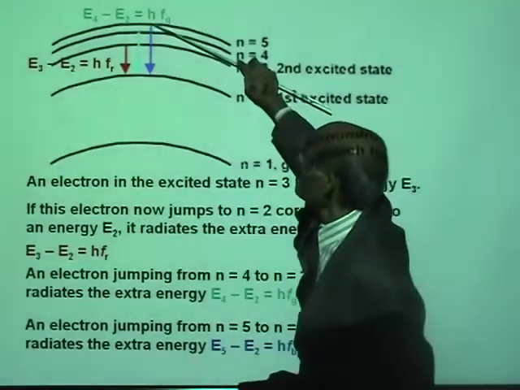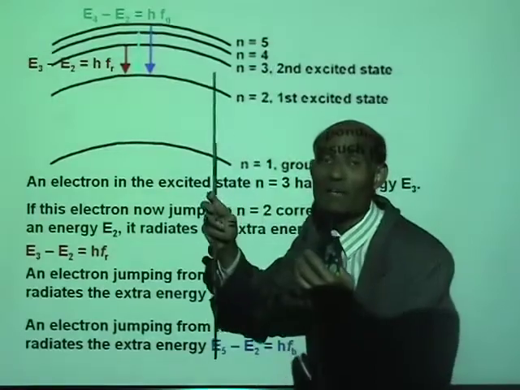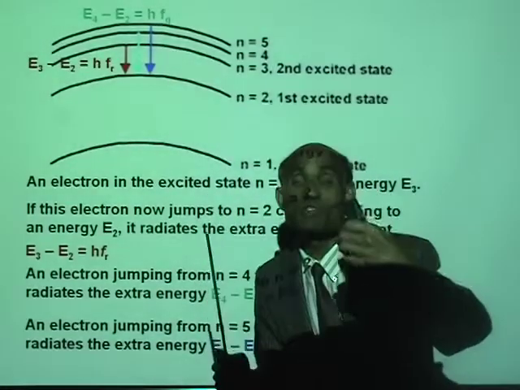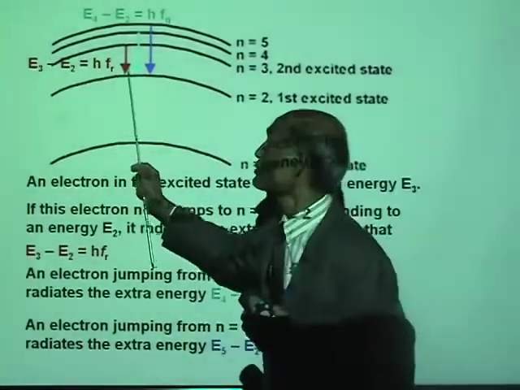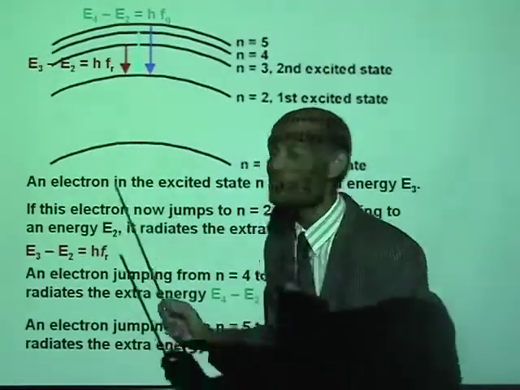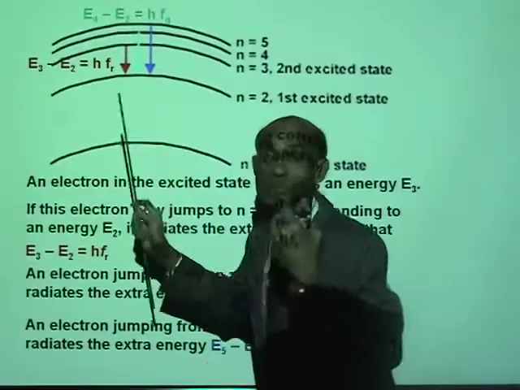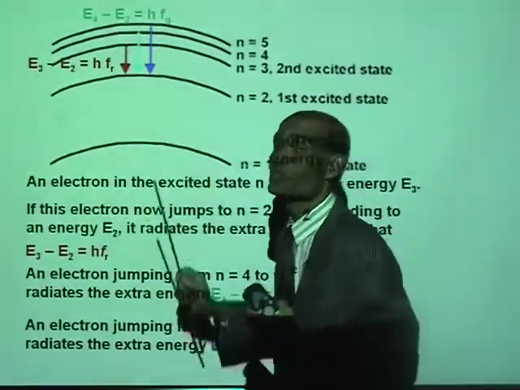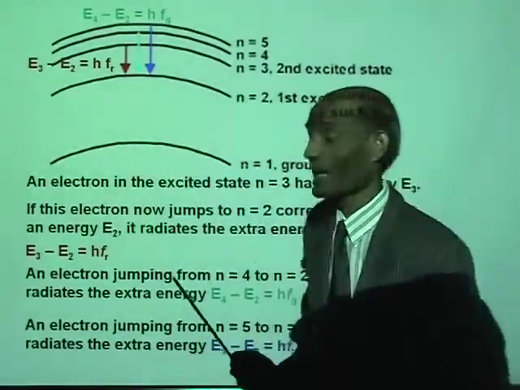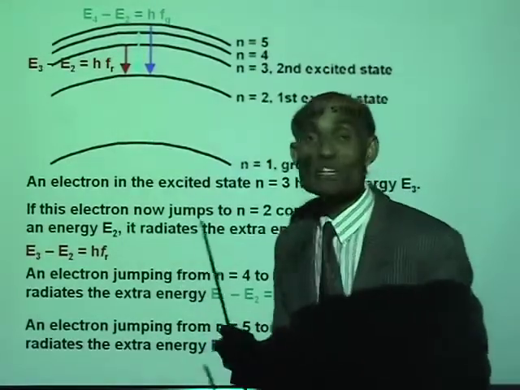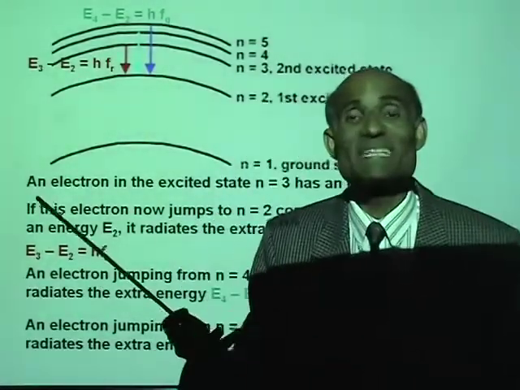You see, when the energy difference is bigger, you get higher energy photons. The red photon carries the least energy. The green photon carries a little more energy. The blue photon carries much more energy. So this is the mechanism of light emission.